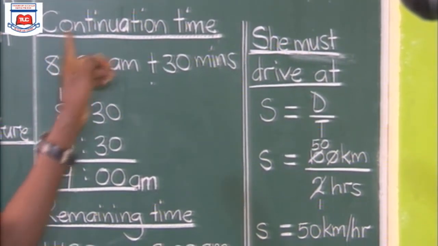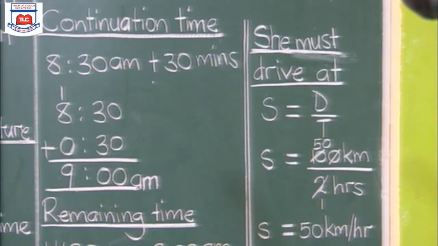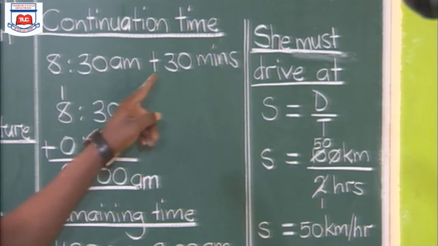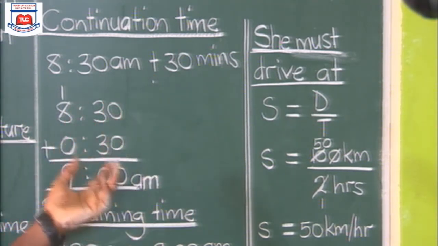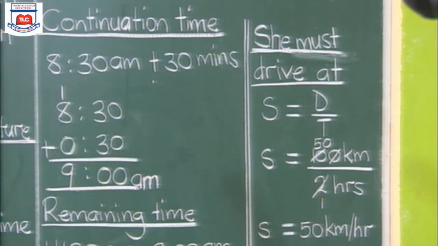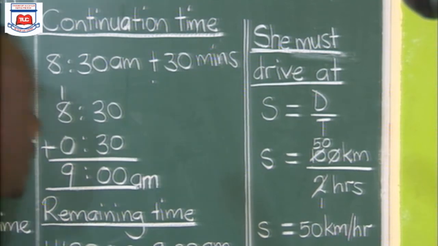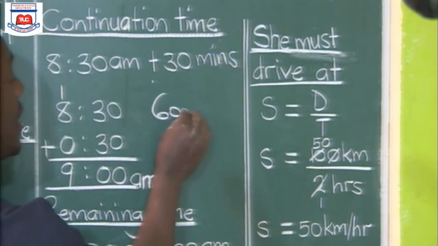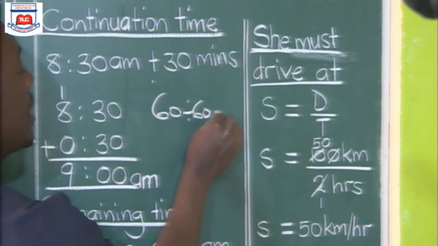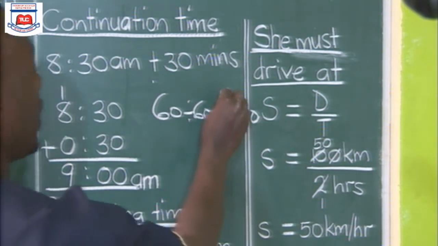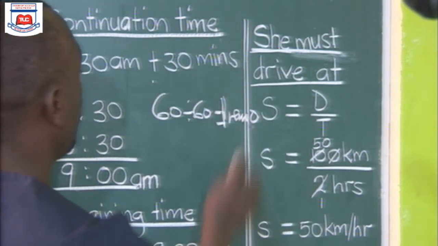Thus, you write continuation time. That is, when did she leave that place where she got a puncture. You get 8:30 a.m. plus 30 minutes. Now you say 8.30 plus 0.30. You know 30 plus 30, you get 60. You cannot say 60 minutes past the hour, so you divide 60 by 60 and get 1 remainder 0, meaning 1 hour and no minutes.